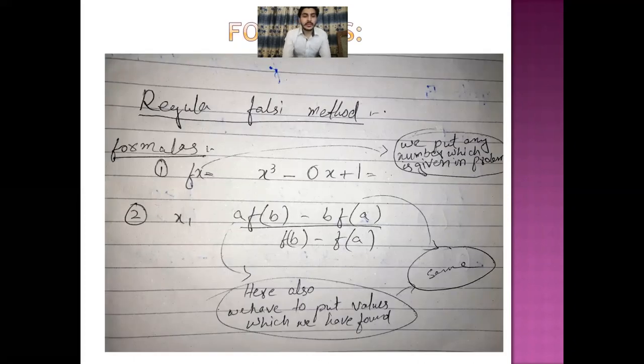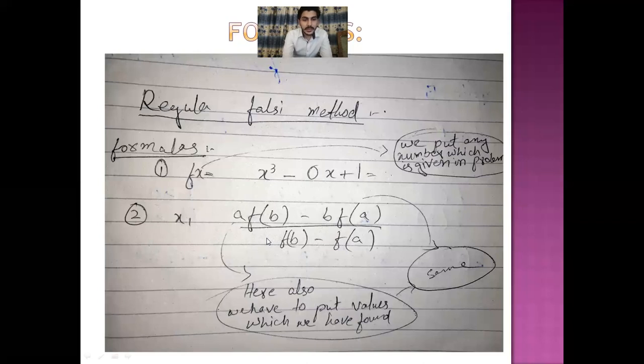So I have written the formula of the regula falsi method. First of all, as we saw in the previous slide, f(x), and we will put in the number which is given in the problem. Then there is another formula which we have to use after solving this point; we will discuss it later.